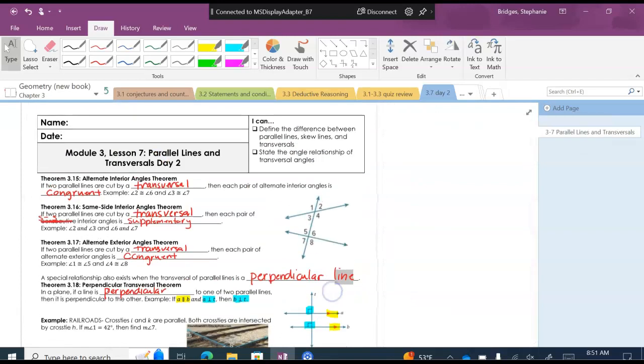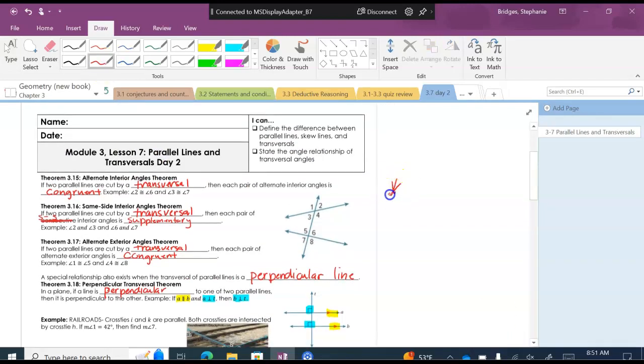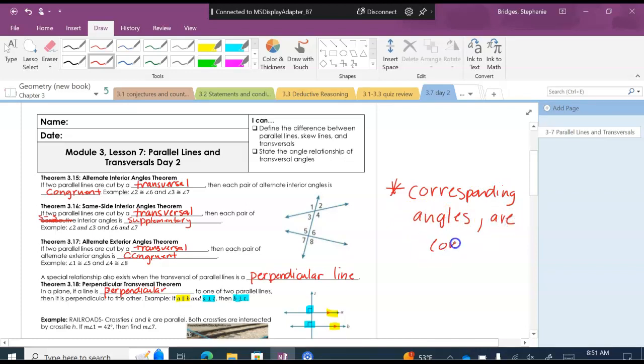That one is missed. Let's put a little note. Put corresponding angles, if your lines are parallel, are congruent. Okay, corresponding angles, as long as my lines are parallel, are congruent, alternate interior and alternate exterior. And then same side interior and same side exterior are supplementary.